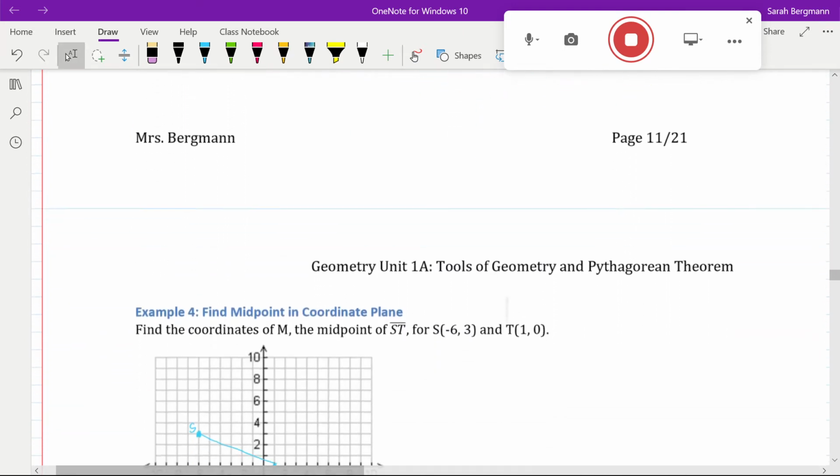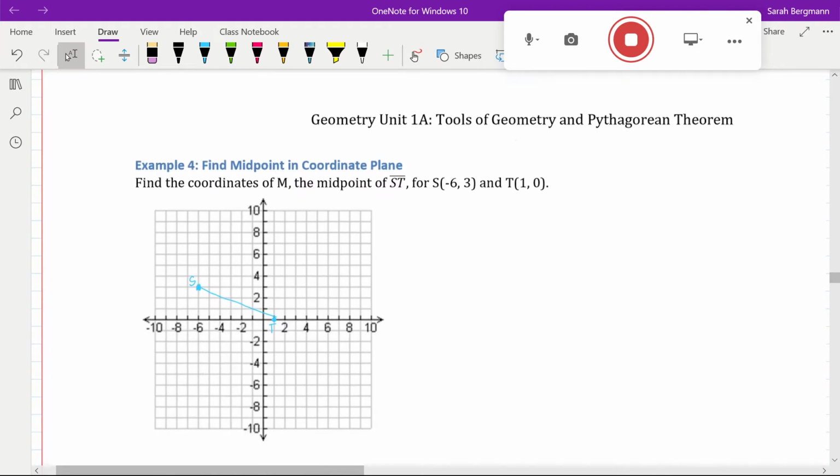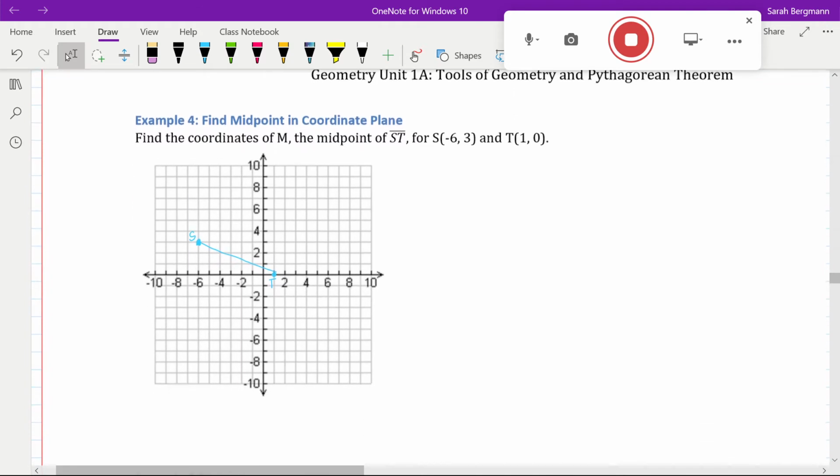Let's try a problem together. It says find the coordinates of M, the midpoint of segment ST, for S negative 6, 3 and T 1, 0. I already plotted the points S and T, so now I'm ready to find the midpoint. The formula, I need to label x1, y1, x2, y2 first, and now I can plug them in.